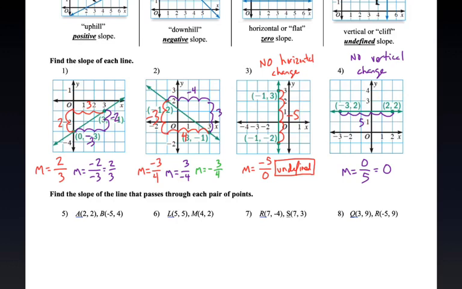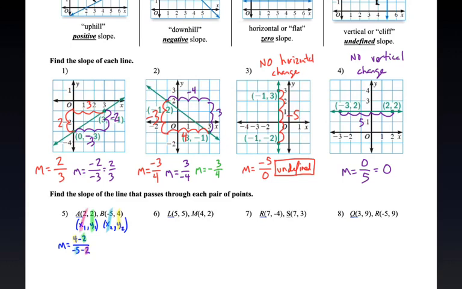Okay? Now, how to calculate slope given some points right here. Let's consider this my first coordinate, x1 and y1, and then I'll call this one x2 and y2. Now, I'm just going to plug this into the formula that's up above, where slope equals y2, in this case 4, minus y1, in this case 2, over x2, negative 5, minus x1, negative 2.